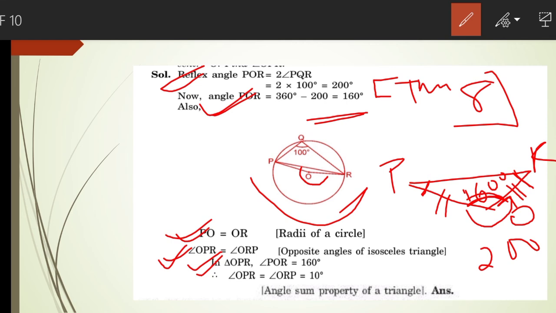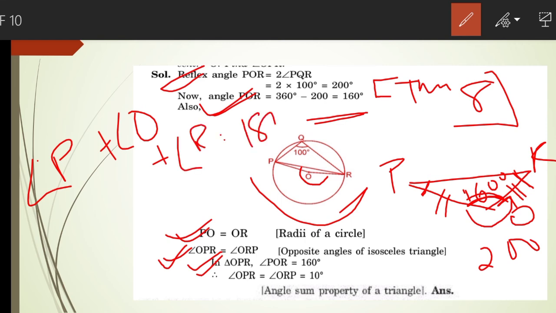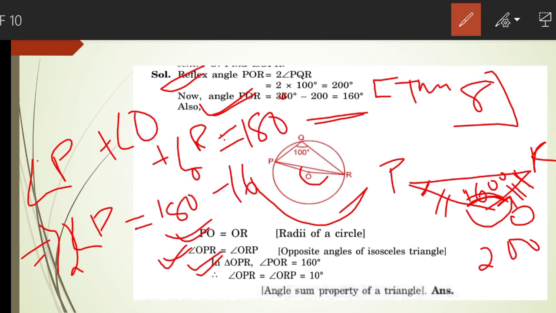So angle P plus angle O plus angle R should be equal to 180 degrees by angle sum property. Since angle O is already found and angle P and angle R are the same, 2P is equal to 180 minus 160.